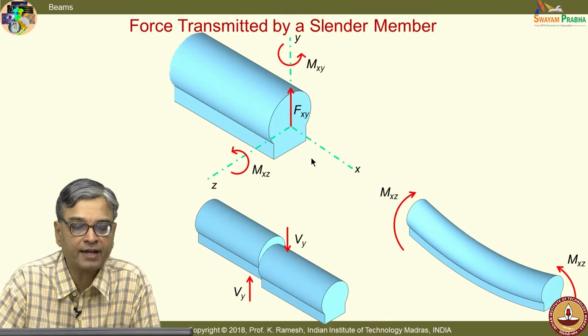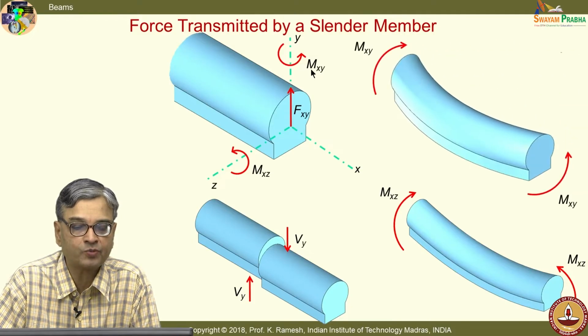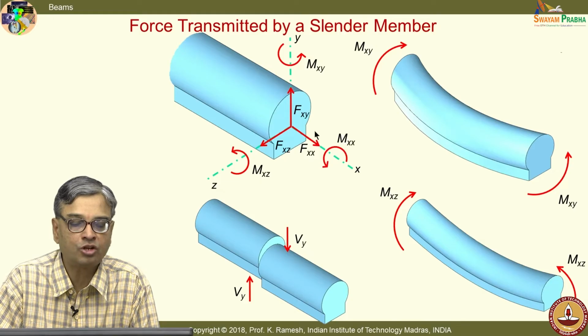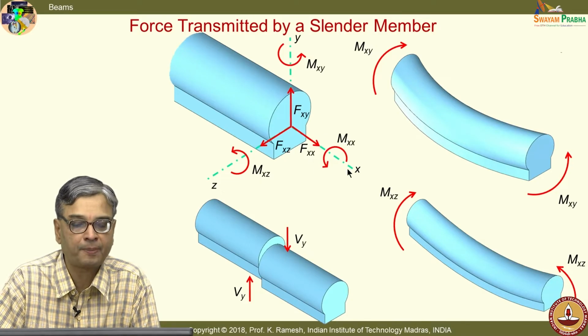It can also have a bending moment Mxy, so it would bend in the plane xz like this, and you can also have a shear in the z direction. No sketch is separately shown for this. You also have an axial force and you have a twisting moment.